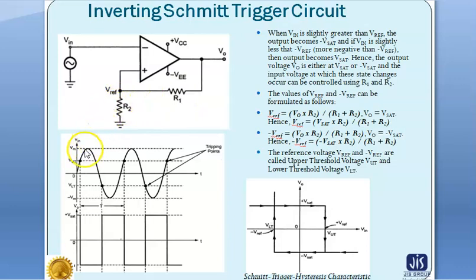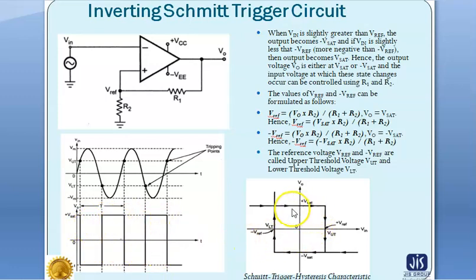So there are two threshold voltages, an upper threshold and a lower threshold voltage, by which the output changes states from minus Vsat to plus Vsat, and again plus Vsat to minus Vsat. So we will get a square pulse.